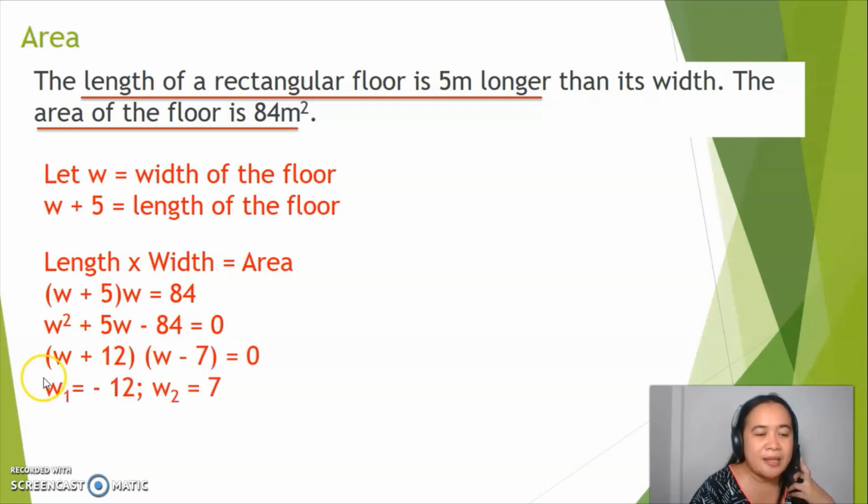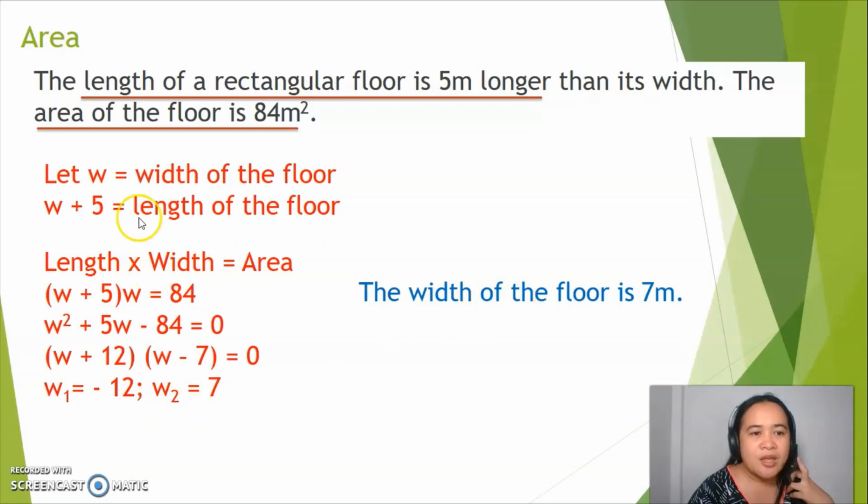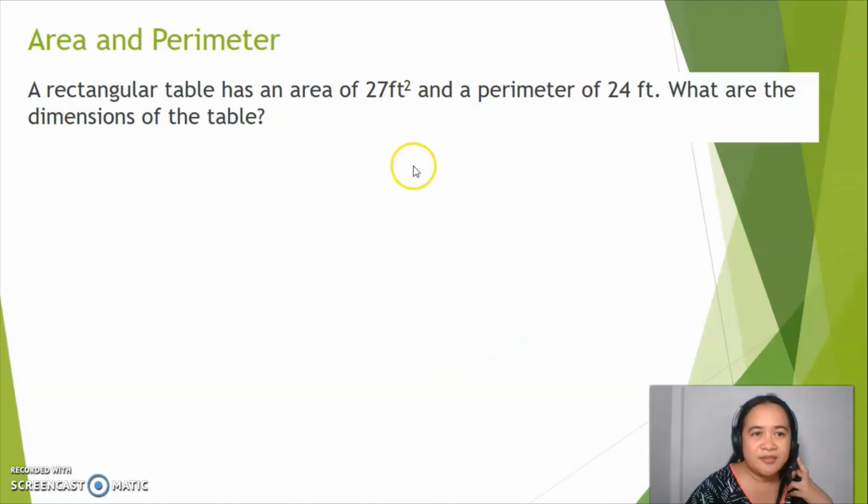With this, the possible values for W are negative 12 and 7. In this case, we will use 7. So the width of the floor is 7 meters, while the length would be 7 plus 5, which is 12 meters.